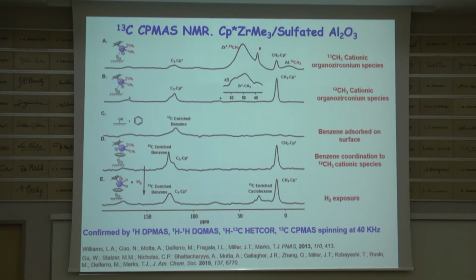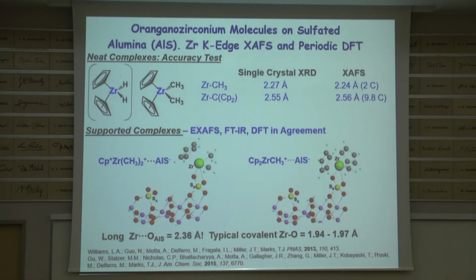So in situ, this shows what's going on, but let's go on to the next step. Now we have a structure on the surface where approximately 97% of these species are real catalysts. We can do XAFS, which we've done with Jeff Miller, so the zirconium XAFS.